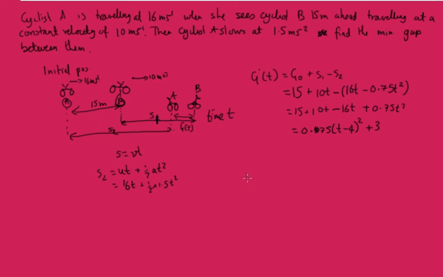The minimum gap, therefore, is 3 meters at 4 seconds, because this gives us the minimum and this tells us when that is at the midpoint.